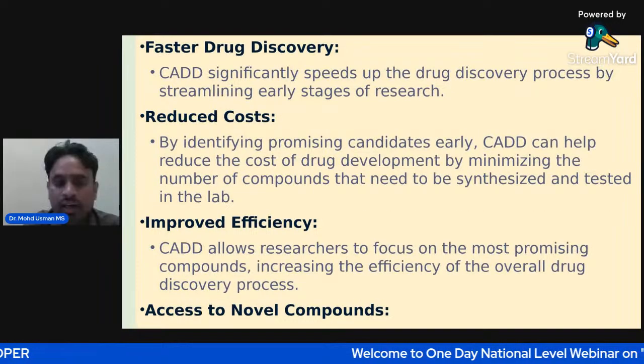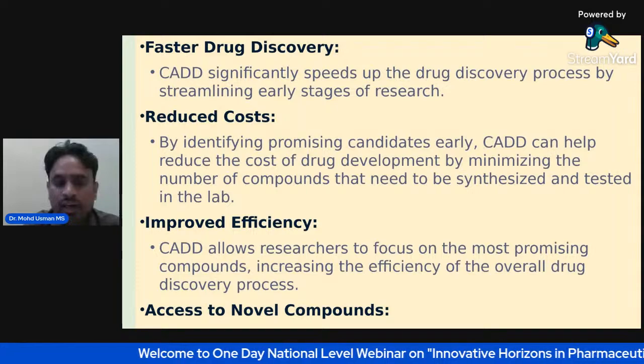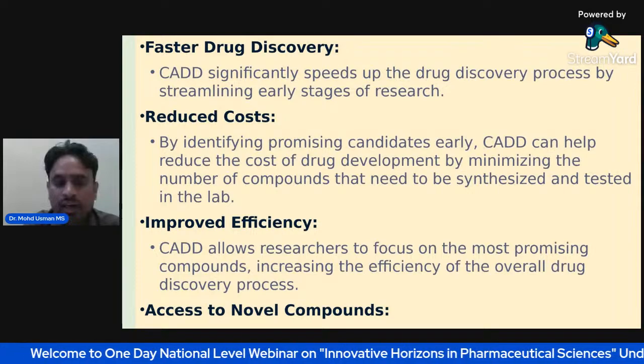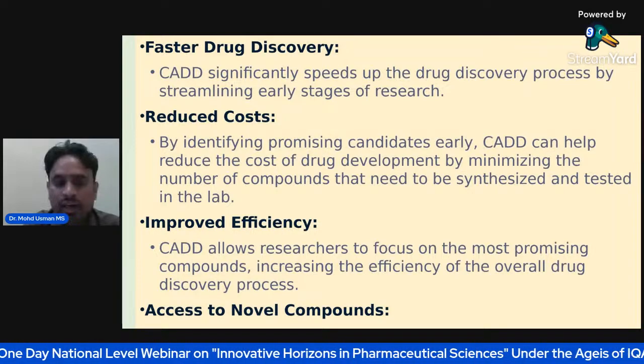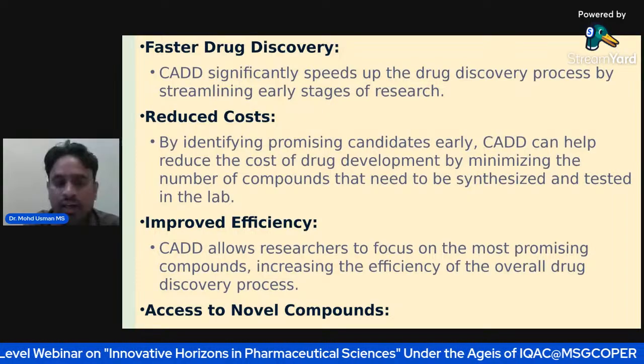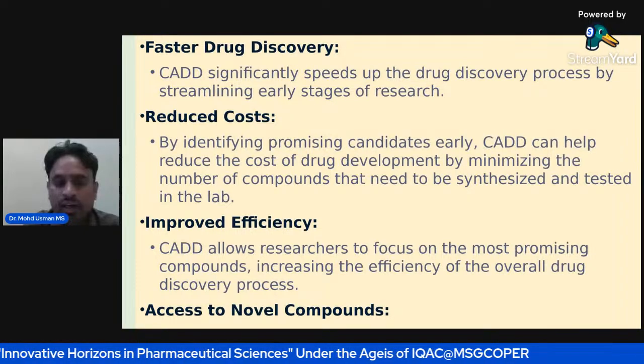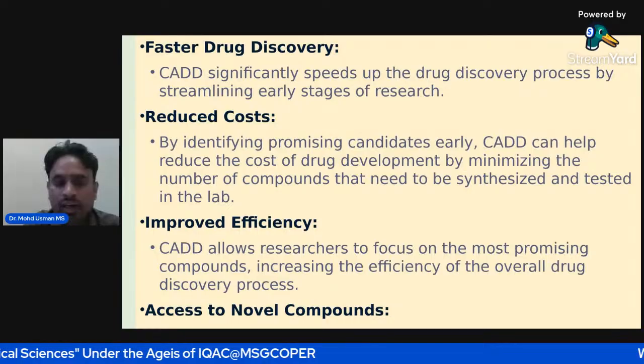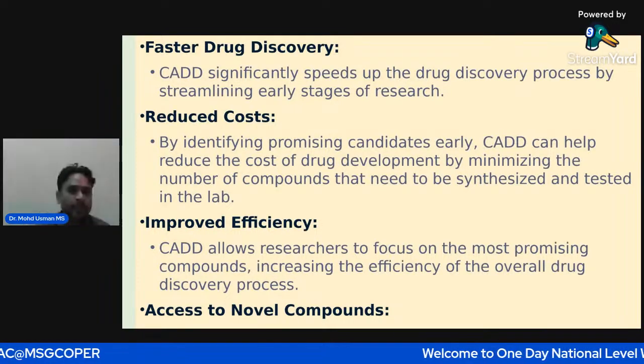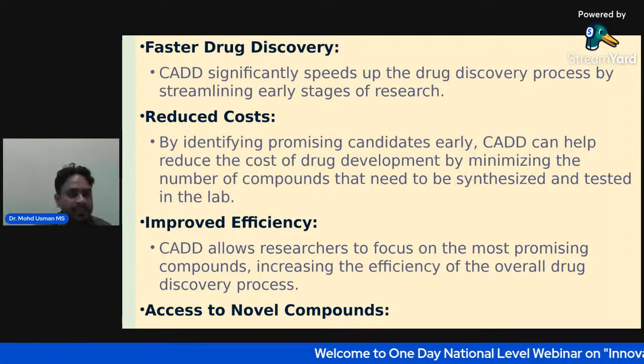Okay. So what are the applications or advantages of computer-aided drug design in the drug discovery process? Use of computational software and artificial intelligence leads to a faster drug discovery process. It increases the rate of drug discovery very fast.